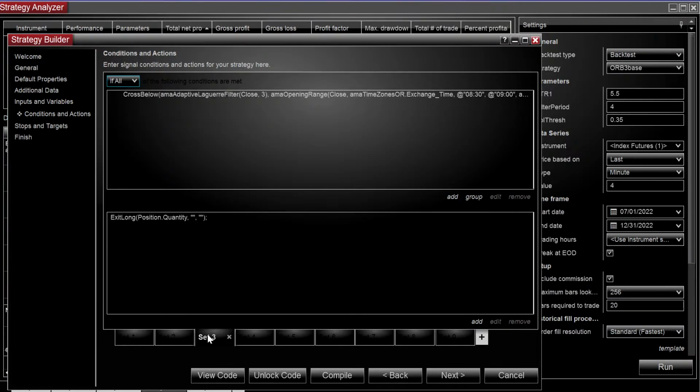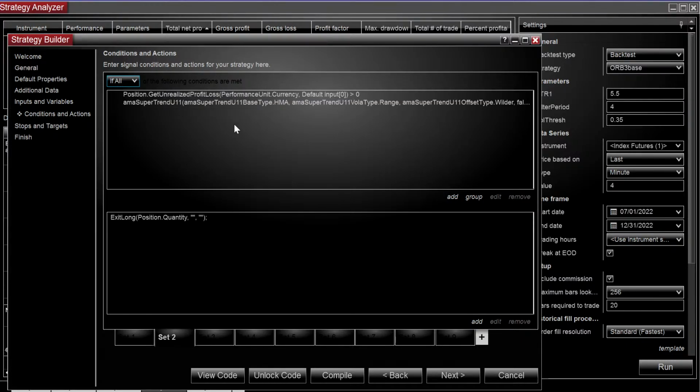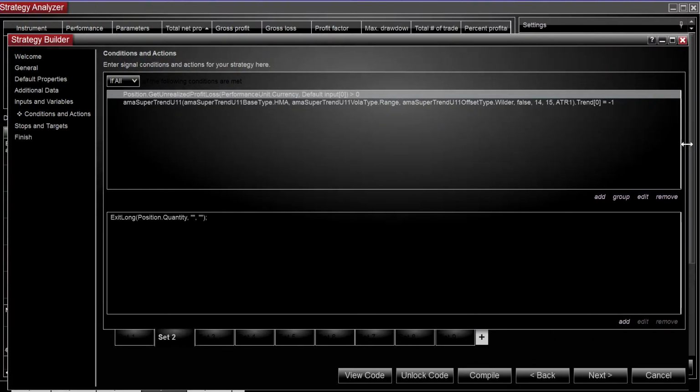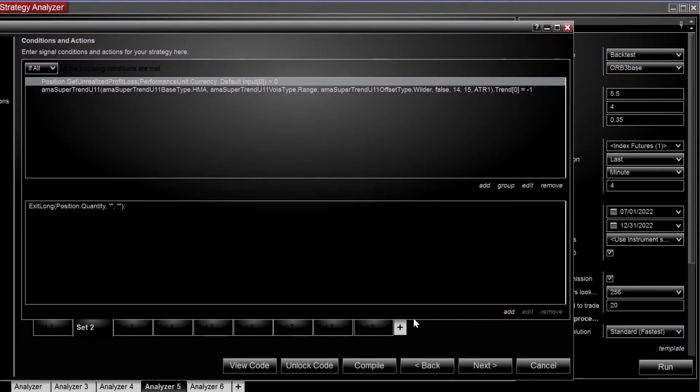So let's go to our ATR trailing stop. So here, P&L is greater than 0. We're at -1. So let me look into, I'm going to do this real quick.